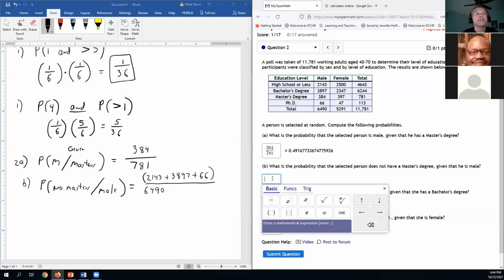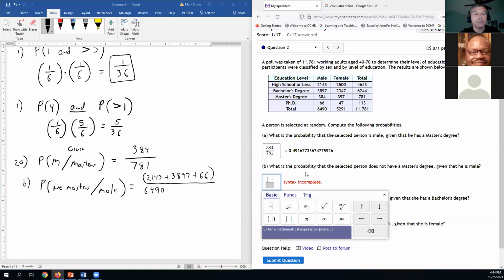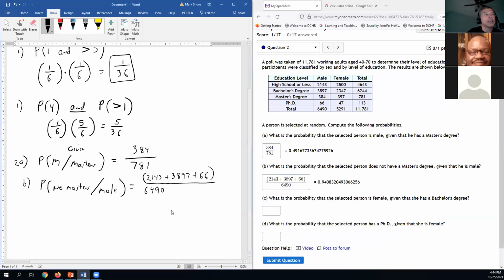And you can type it in just like that. So we could say, okay, give me a fraction. And the top's going to be all this stuff that I have parentheses around, 2143 plus the 3897 plus the 66. And all that is over the total amount, 6490. Now, the only other way of doing this is this.